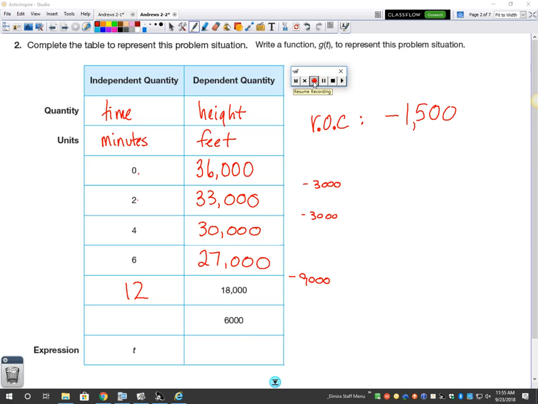To go from 18,000 to 6,000, it went down 12,000. There's a 12,000 foot difference there. So that's going 4 times, 4 3,000s it went down by. So I'd have to go 12, 14, 16, 18, 20. And that's one way I could get that value.